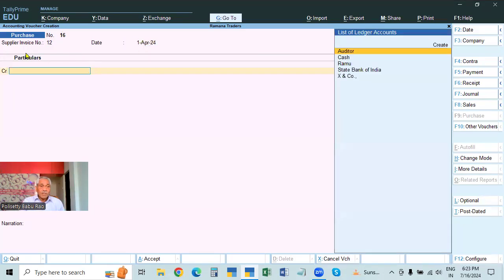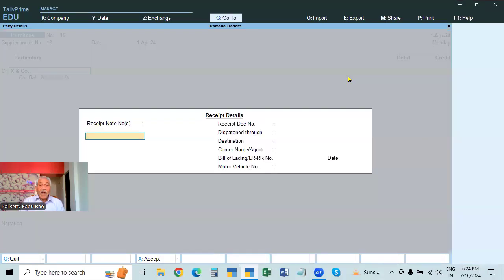For example, if you are entering an old date, we have to use that date. Purchasing means goods are coming in and the person is giving. We are purchasing from X and Co, so X and Co is the giver and is to be credited. When you receive the goods, the receipt details mean how you received them: transport or LR number, vehicle number, all this. You have to enter that.